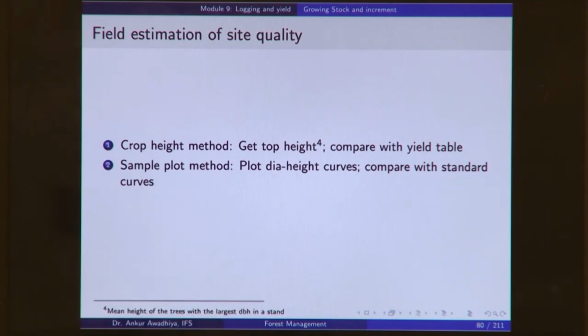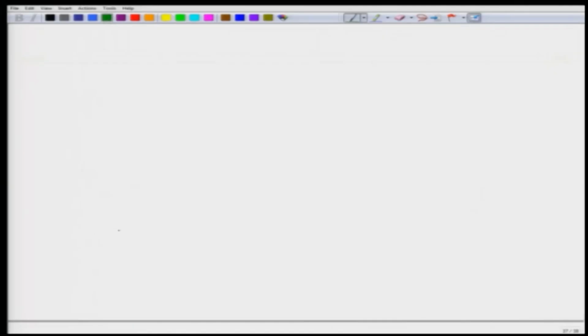So, when we say top height, we are not saying that we are measuring the height of the tallest trees.